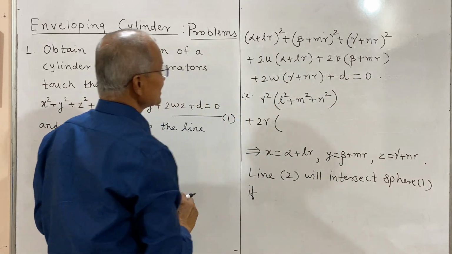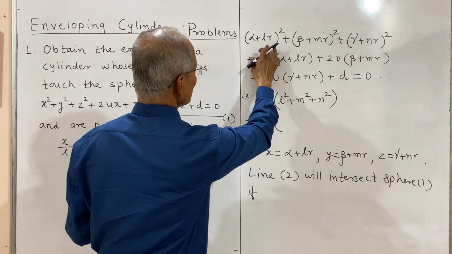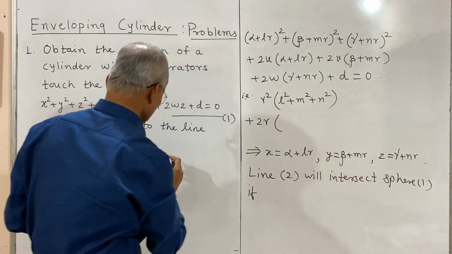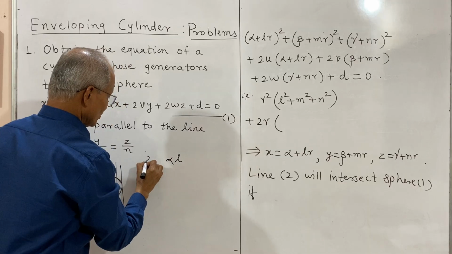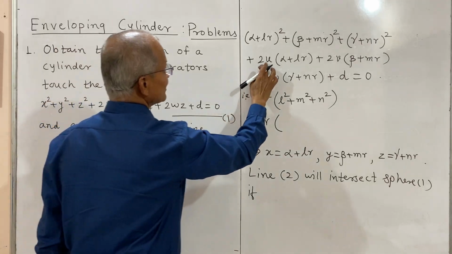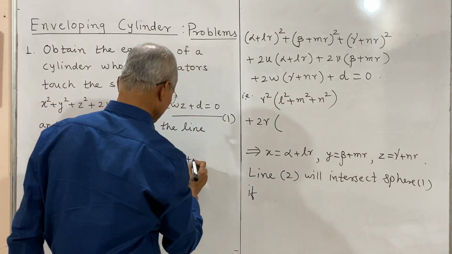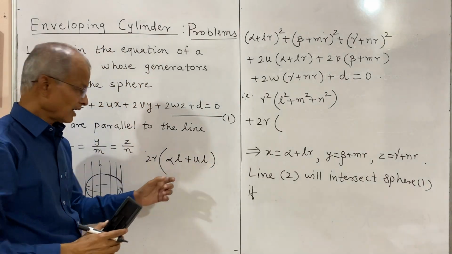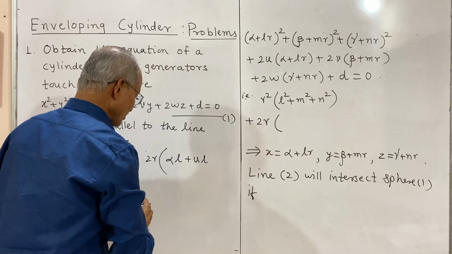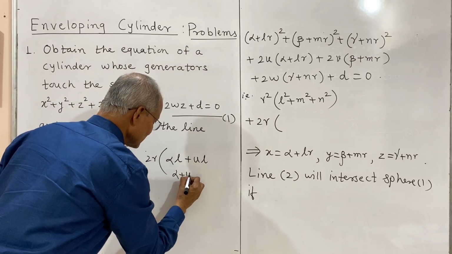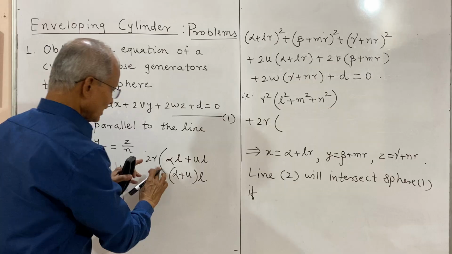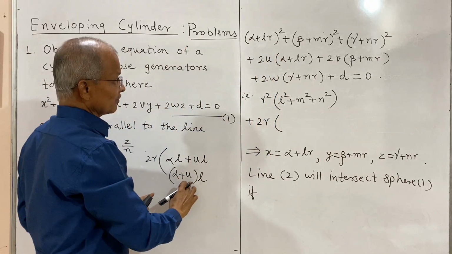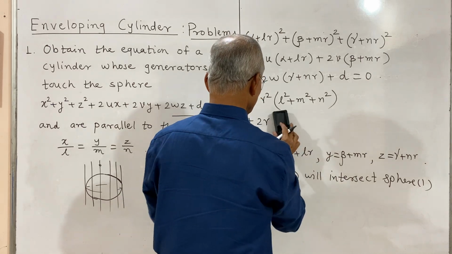So you see the terms of 2r have the coefficient alpha L, so it is 2r into alpha L plus uL. Again L is common, and therefore we can write alpha plus u into L. That is the term here we have considered with alpha plus u, and this will be in the bigger bracket.